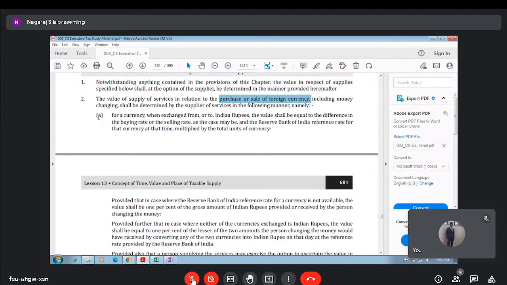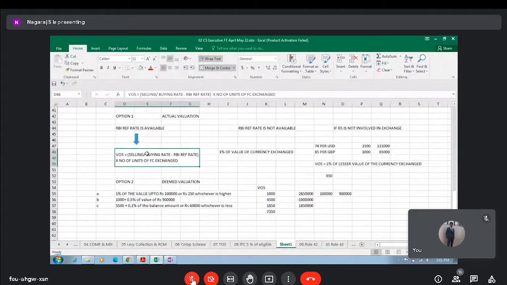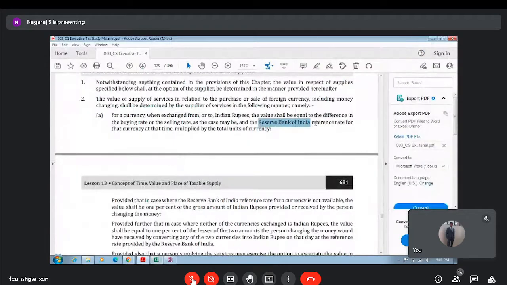A. For a currency, when exchanged from or to Indian rupees, where Indian rupees are involved, the value shall be equal to the difference in the buying rate or the selling rate, as the case may be, and the RBI rate for that currency at that time, multiplied by the total units.